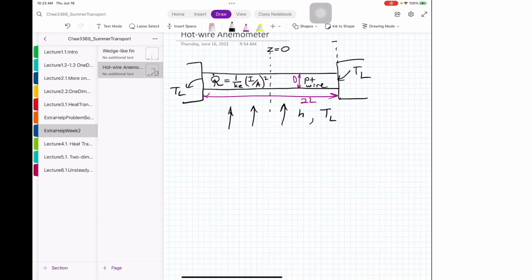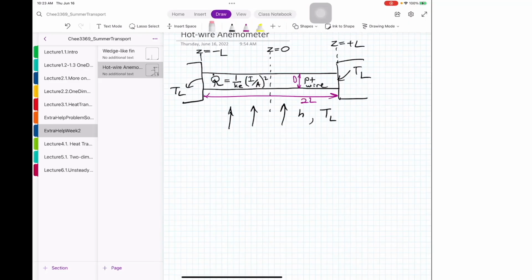And this is going to be Z is equal to plus L. And this is going to be Z is equal to minus L. That's my schematic. And the electric current is being flowed at electric current density of I.